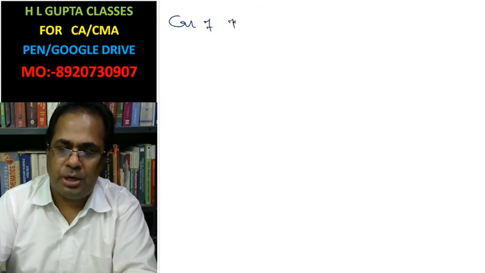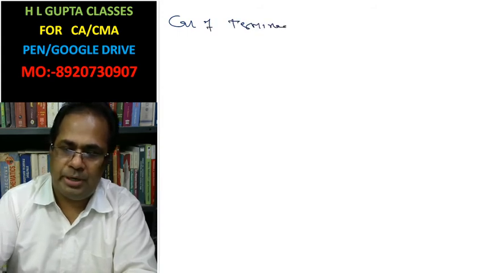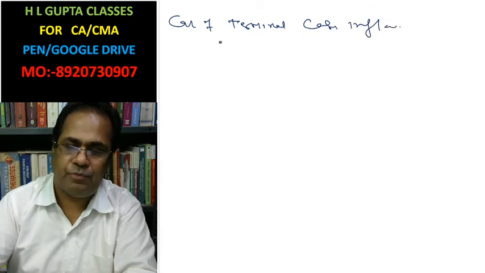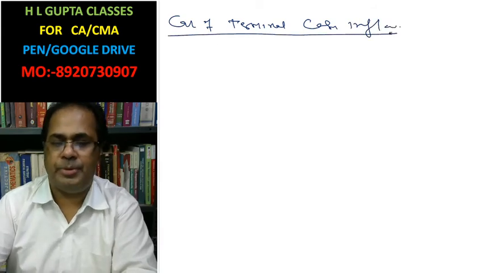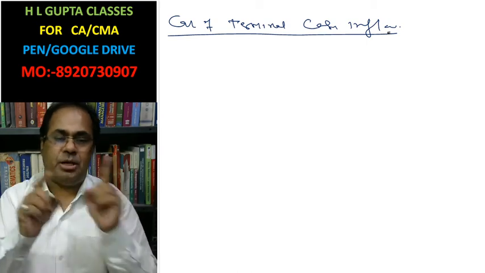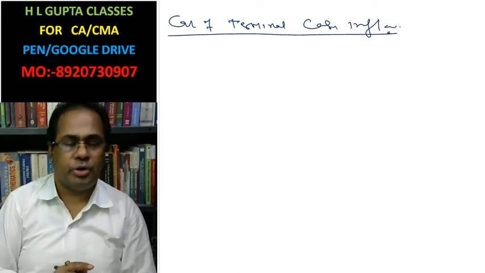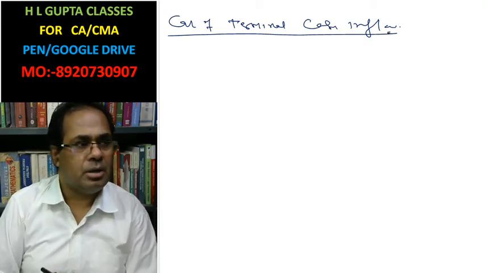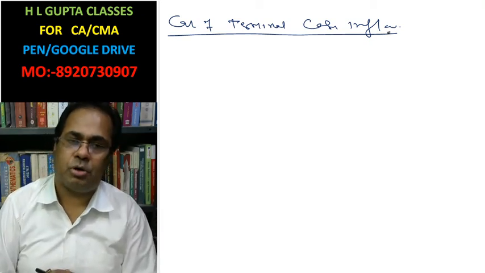Now we have to calculate terminal cash inflow. There is nothing in terminal. There is only one: sale of machine for 20 lakh. Out of 20 lakh, removal cost is 15 lakh.